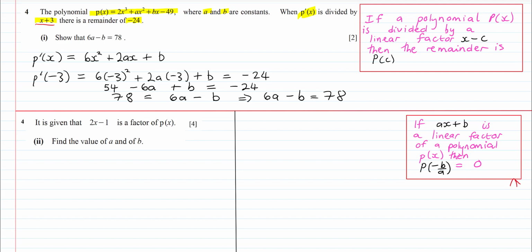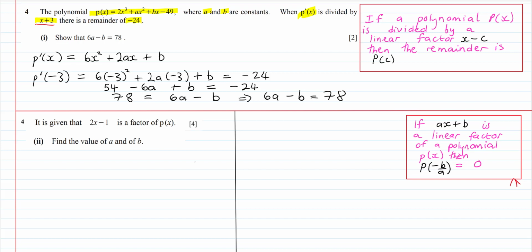We've got 2x minus 1, so our a is equal to 2, and our b is equal to negative 1. So we are going to find p of negative 1 over 2, which is just p of a half, and that's going to be equal to 0.